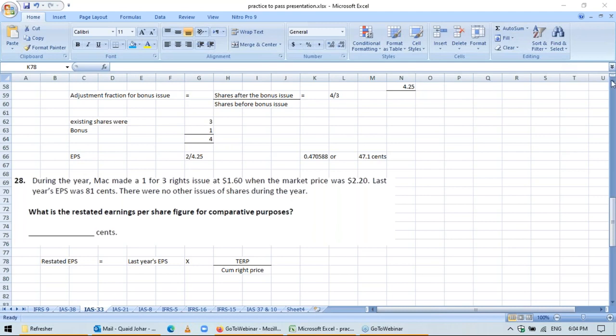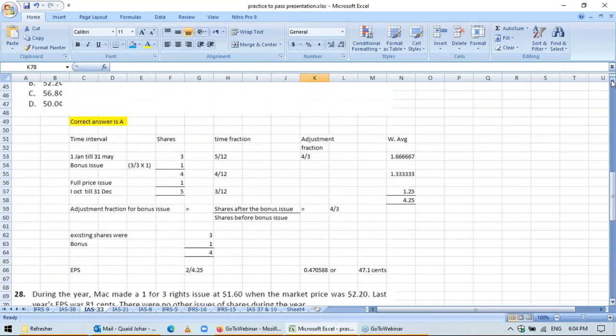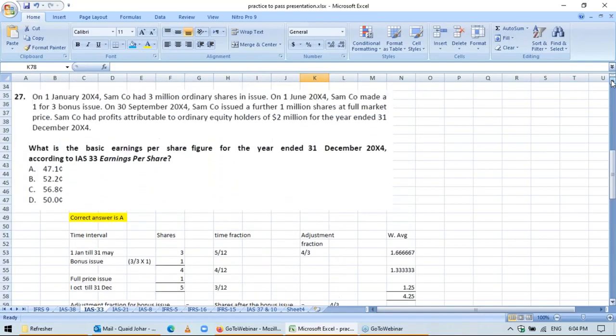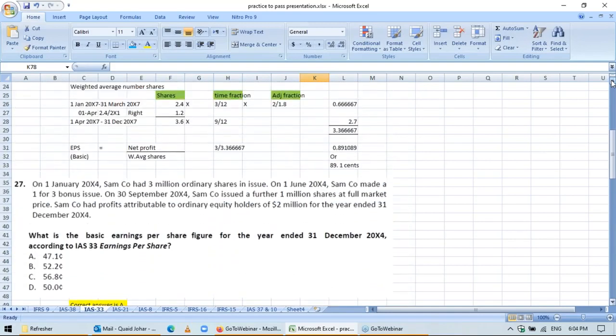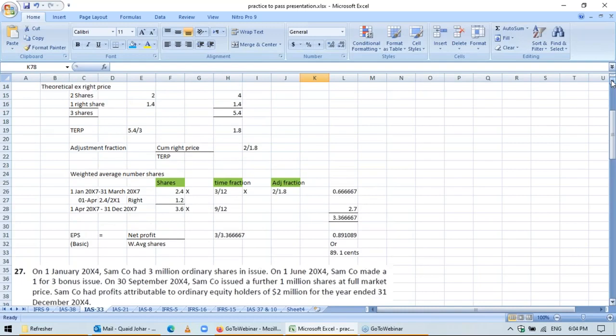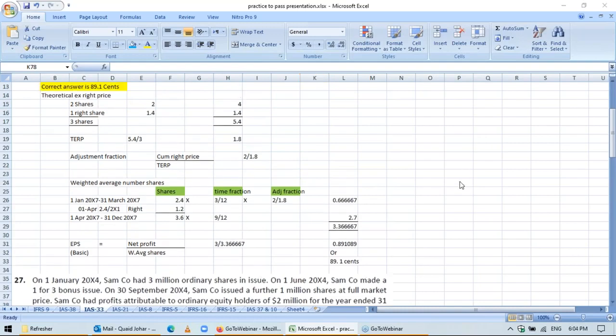Previously, in our adjustment fraction taken in the previous example, question number 26, our adjustment fraction was cum-right price divided by theoretical ex-right price, right?